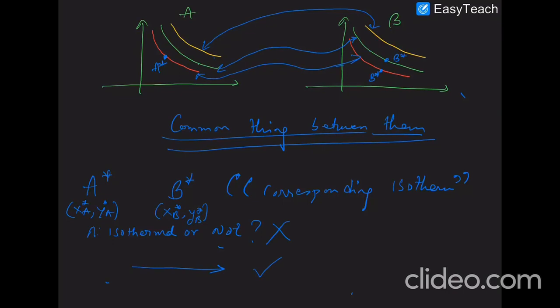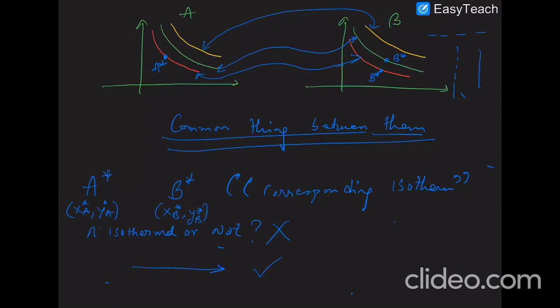Now the question is, how can we distinguish different isotherms? Here we have done it by using different colors. We can use a dashed line, or some different nature of line, or maybe a solid line, or different colors so that you can identify them. Now the question is how will you label them? Suppose yellow and yellow are the corresponding isotherms, green and green are the corresponding isotherms, red and red are the corresponding isotherms.